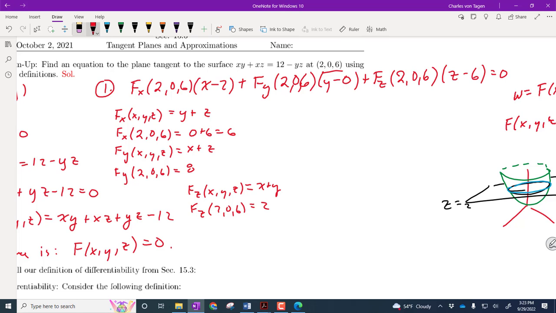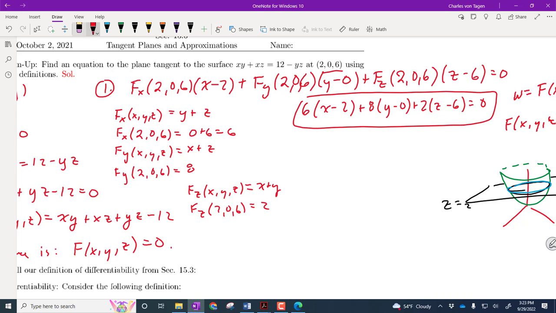So at long last, my solution to 1 is the plane 6 times x minus 2, plus 8 times y minus 0, plus 2 times z minus 6, equals 0. And there's the solution to that.